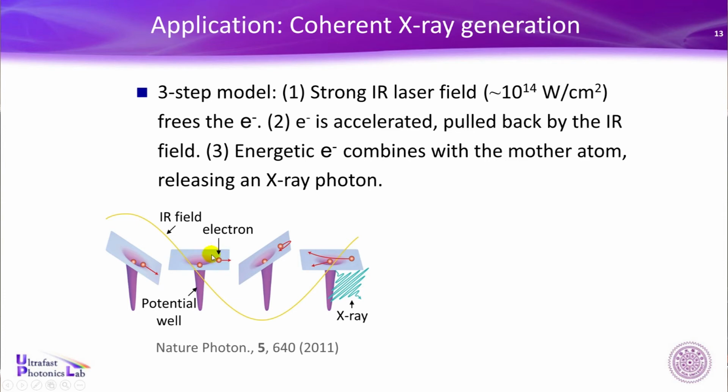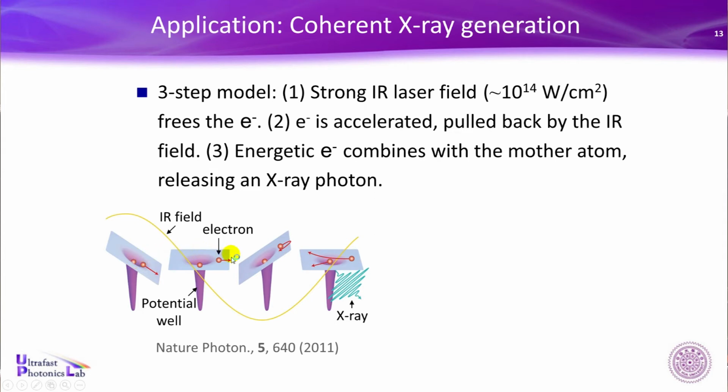After releasing, it will not go away. In the other half cycle, the sign of the electric field is reversed. So the kicking out force becomes the drawing back force, right? So your electron will come back to the mother atom.